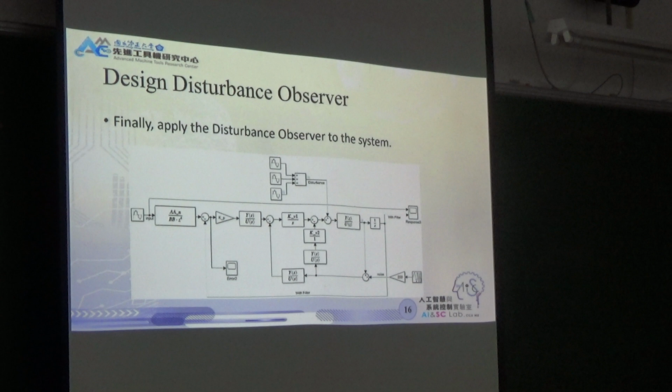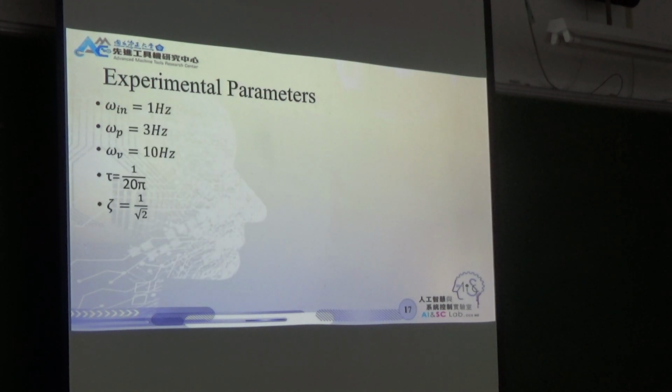And finally, we'll check in this group network. So the experimental parameters: the input frequency is 1 Hz, the position loop bandwidth is 3 Hz, and the velocity loop is 10 Hz.